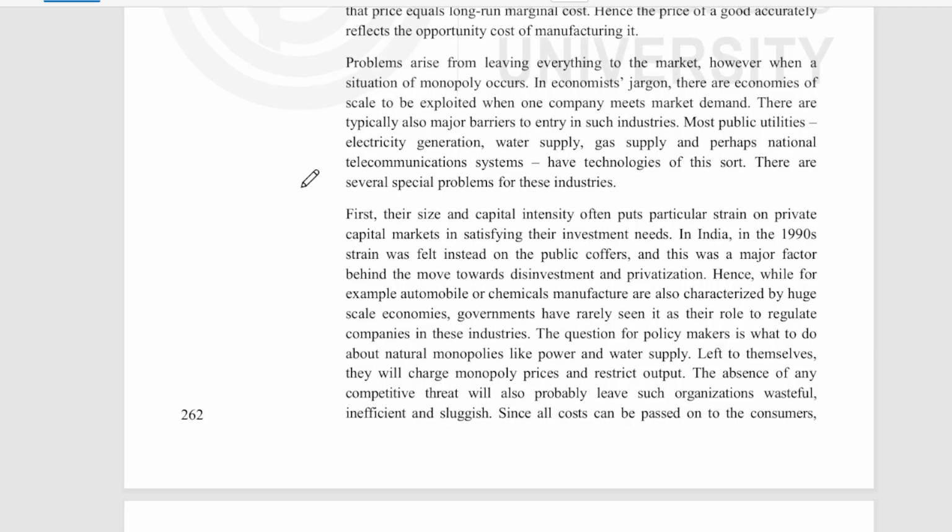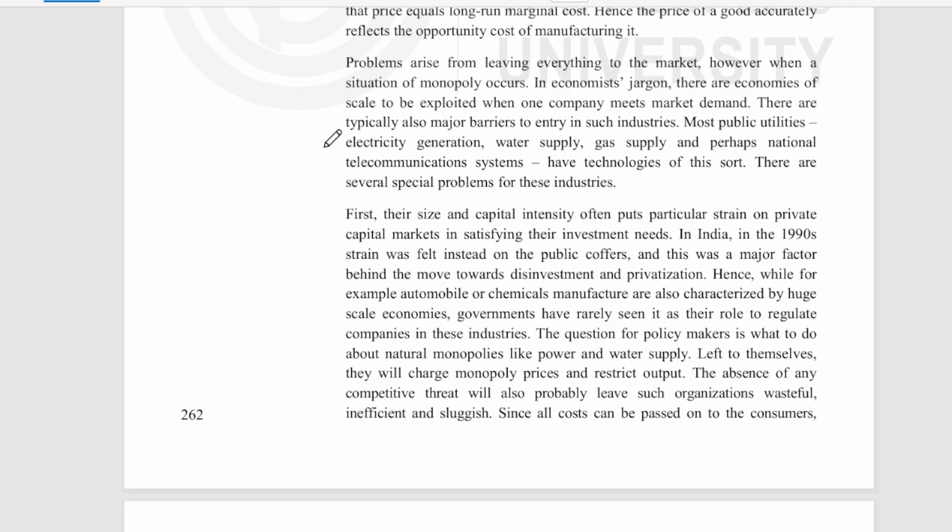However, when a situation of monopoly occurs, in economist jargon, there are economies of scale to be exploited when one company meets market demand. There are typically also major barriers to entry in such industries, and most public utilities, electricity generation, water supply, gas supply and perhaps the national telecommunication system have technologies of this sort.